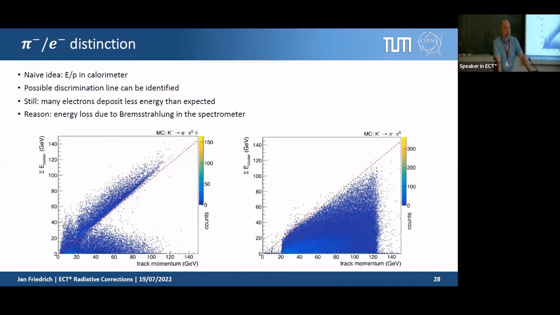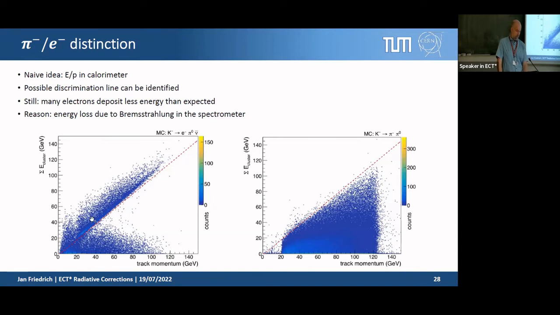One issue which will bring us closer to the real photon stuff is that for the kaon to electron, pi0 and electron neutrino decay, we want to identify electrons. And of course, you do this with the electromagnetic calorimeter.